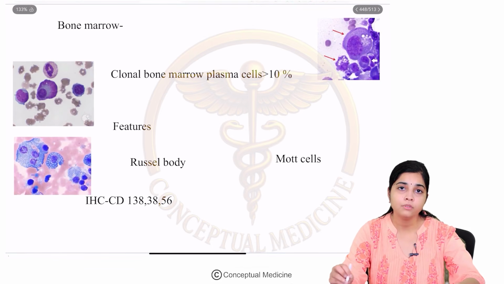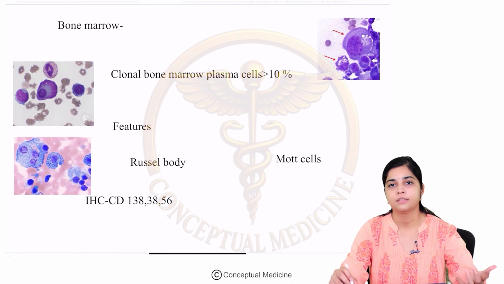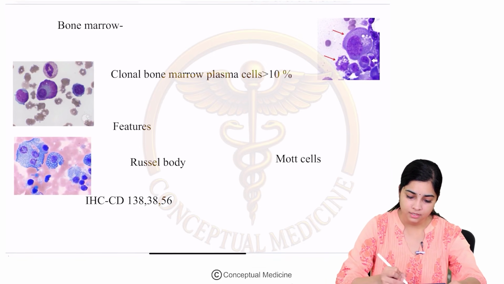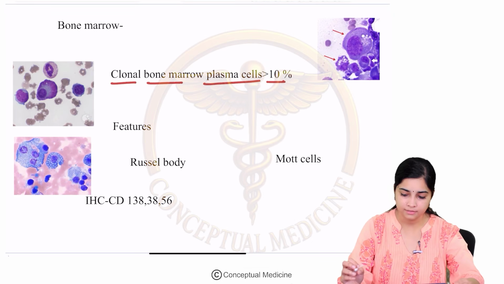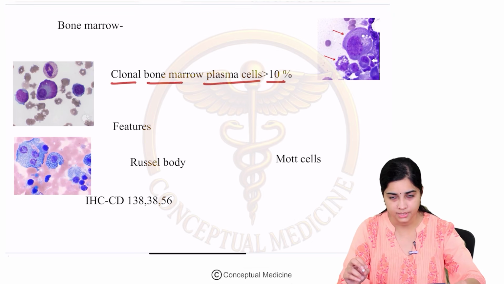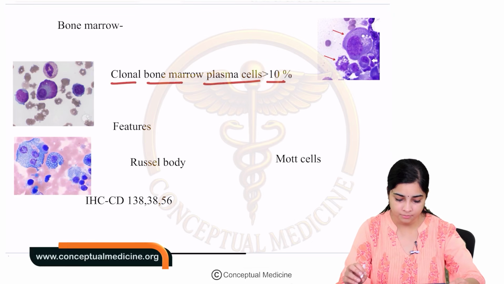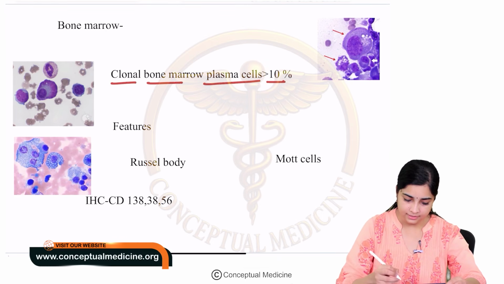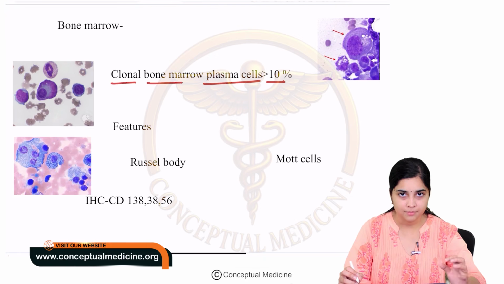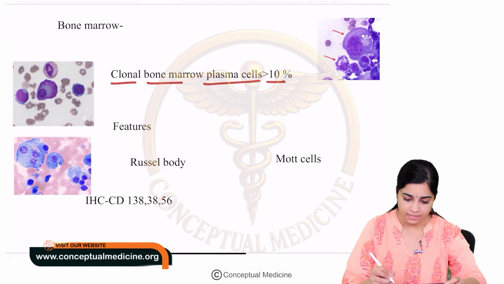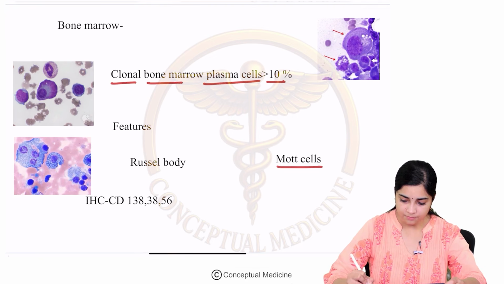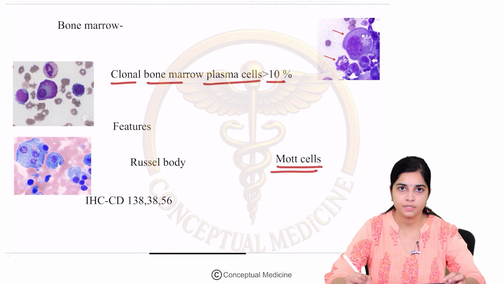Then on the bone marrow, what are the different things that you will expect to see? You will find clonal bone marrow plasma cells more than 10%. Very, very important: plasma cells more than 10%. Now, apart from that, there are certain types of cells you have to remember. One is the Mott cell.